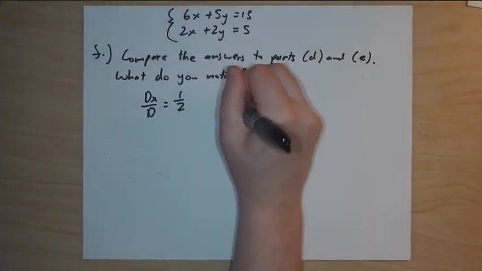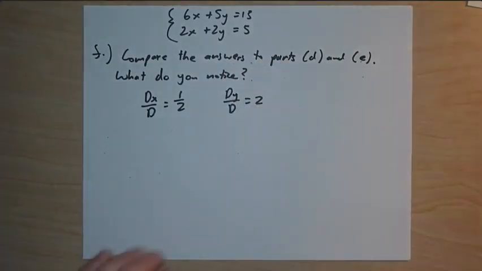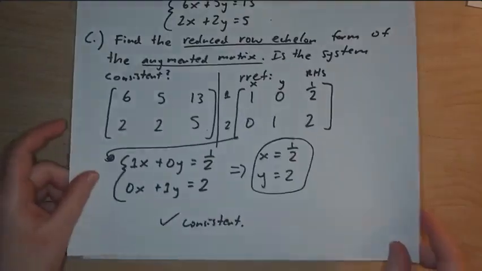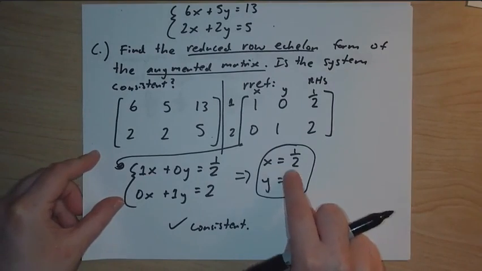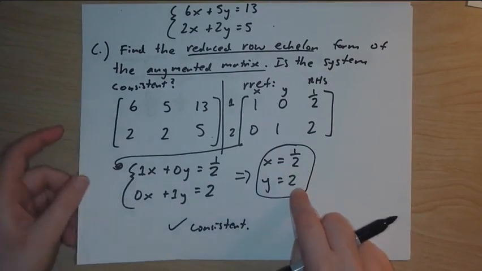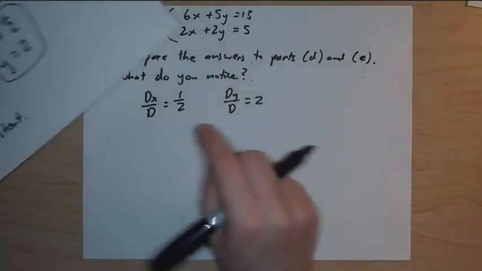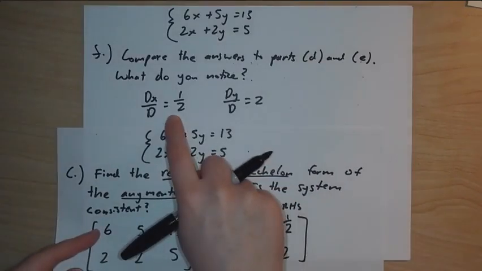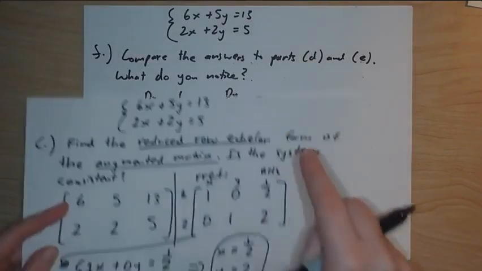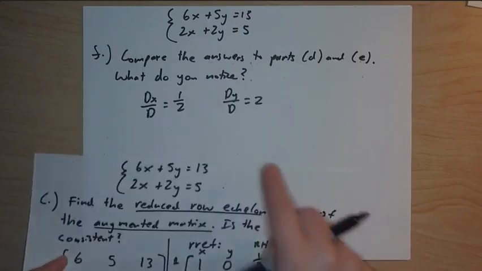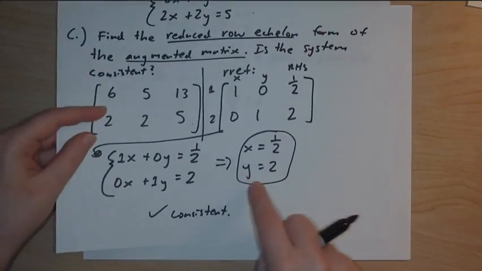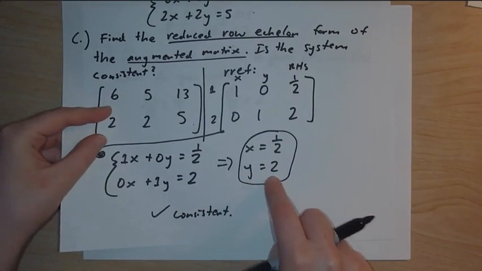And we're going to go back to Part C and notice that in Part C, we found that the solution to the system was x equals 1/2 and y is equal to 2. If we compare these, we notice that dx over d is equal to 1/2, which is the same as the solution for the variable x, and dy over d is equal to 2, which is the same as the solution for our variable y.